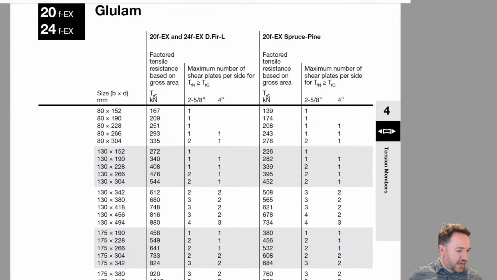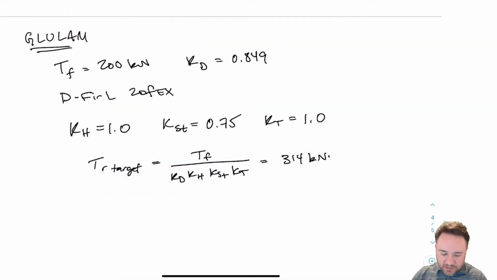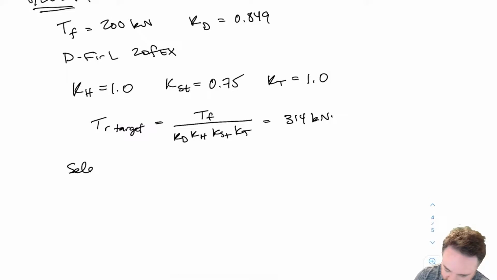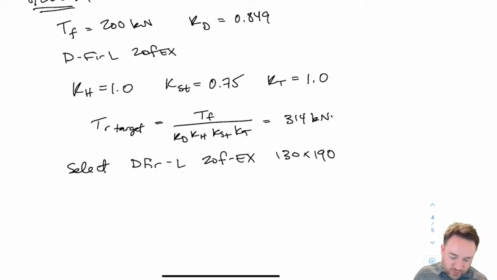So I'm going to go back to our calculation and say we are going to select D for larch 20F EX 130 by 190, and then I'm just going to go through and check that this works.